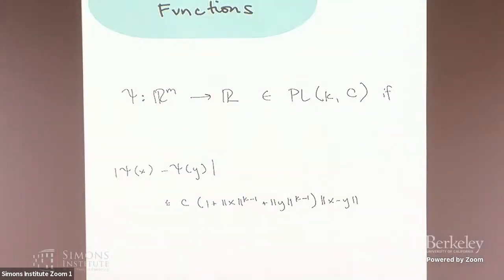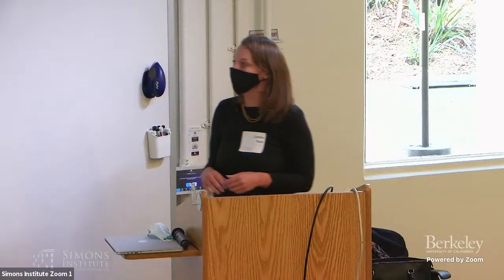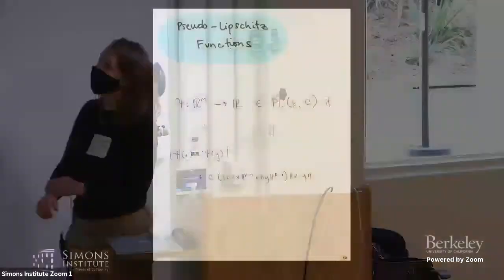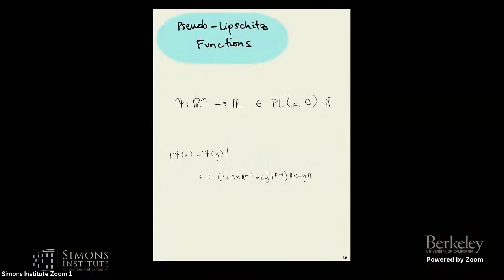Now with this, we're ready to give the main theoretical results. Before I do that, I'm going to define something called a pseudo-Lipschitz function, because the theoretical results are given in terms of such functions. A pseudo-Lipschitz function is just a generalization of the notion of a Lipschitz function.